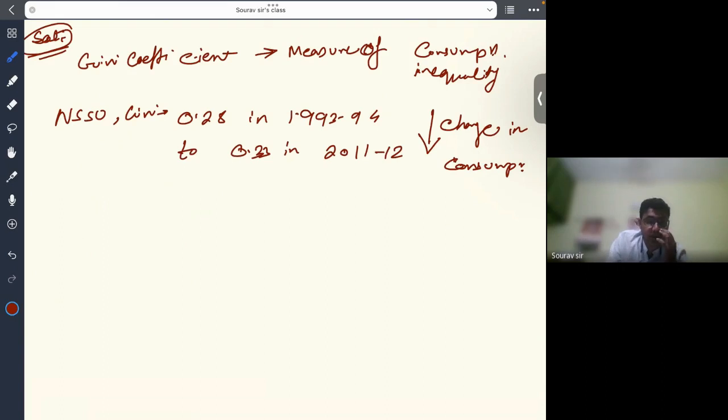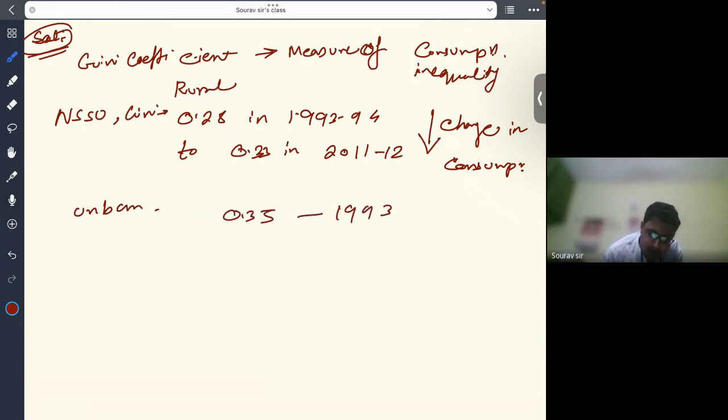This is the data of rural, and on the other side, the urban data is 0.35 in 1993-94 to 0.39 in 2011-12.